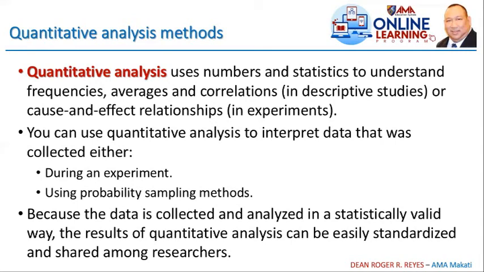Because the data is collected and analyzed in a statistically valid way, the results of quantitative analysis can be easily standardized and shared among researchers. Aside from that, the results can be generalized into the population, using the accepted sample size.